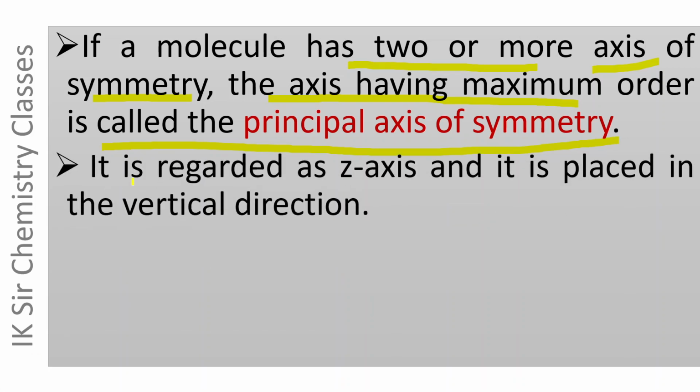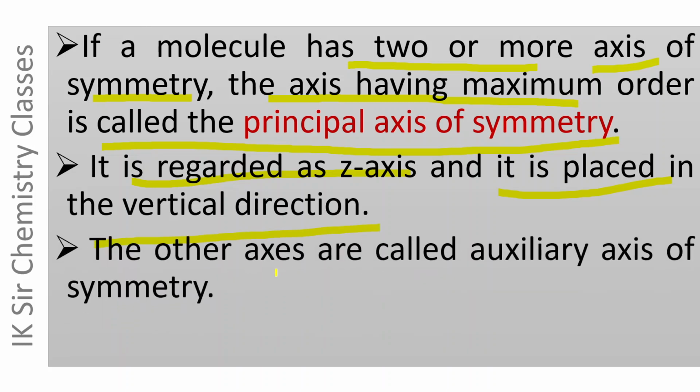The principal axis of symmetry is regarded as Z-axis, and it is placed in the vertical direction. The other axes of symmetry are called auxiliary axis of symmetry.